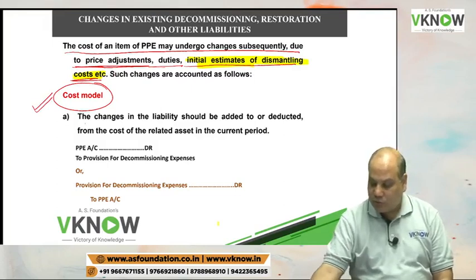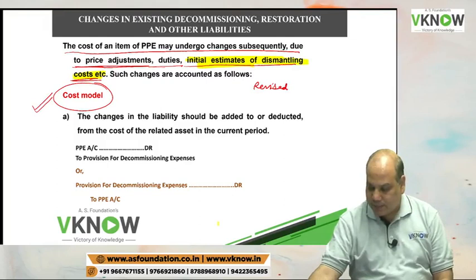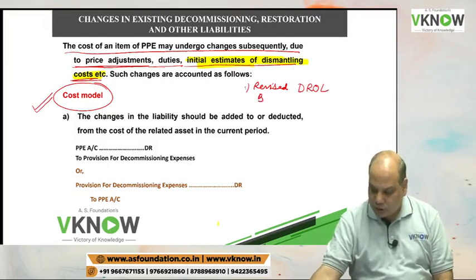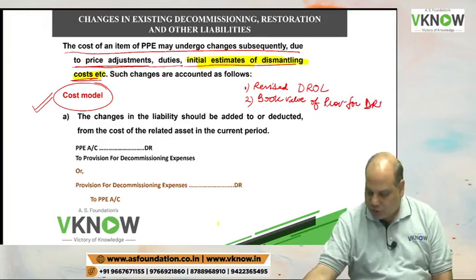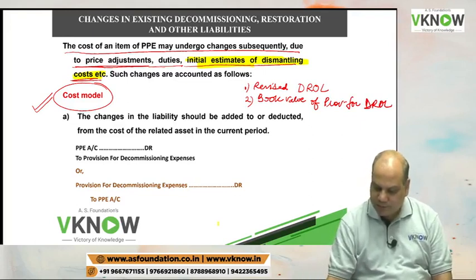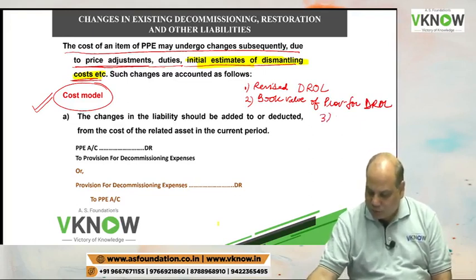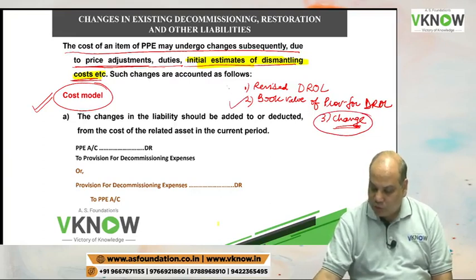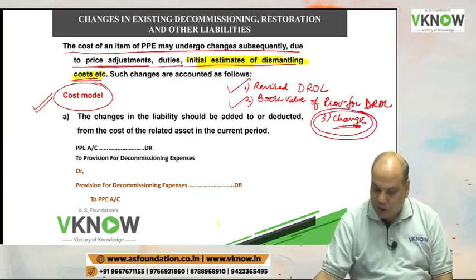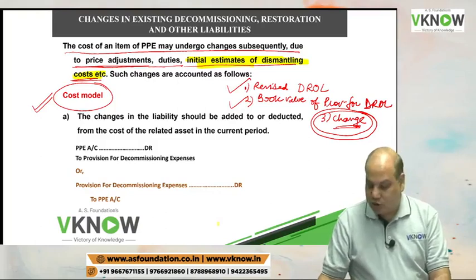Then calculate the revised decommissioning, restoration, and other liability, compare it with the book value of the provision for decommissioning, restoration, and other liability, and then compute the change. What is my book value? What is my revised value? By what amount has the liability changed?